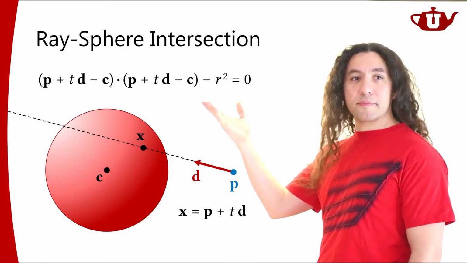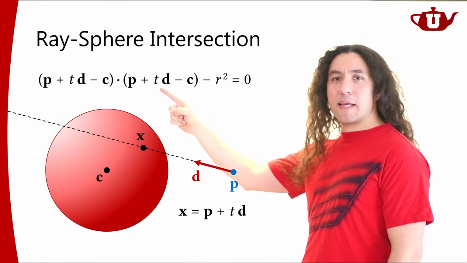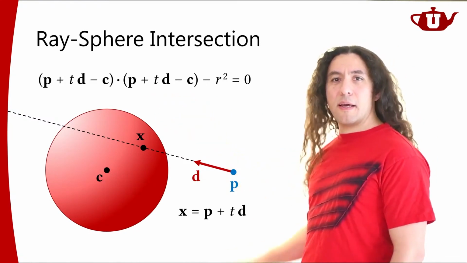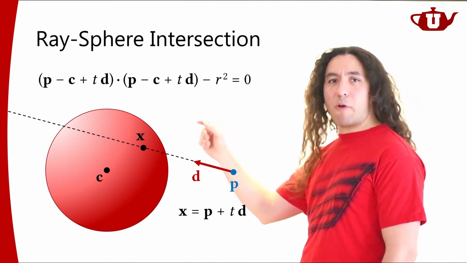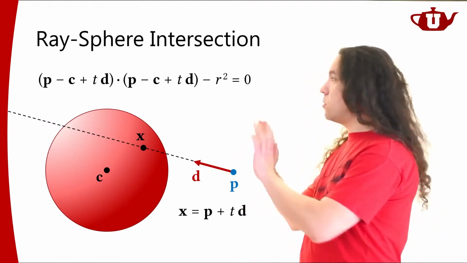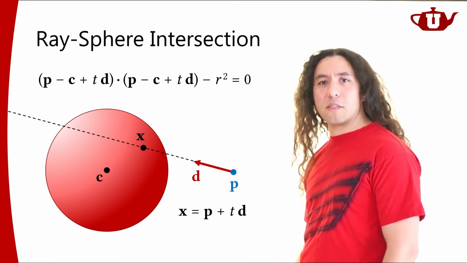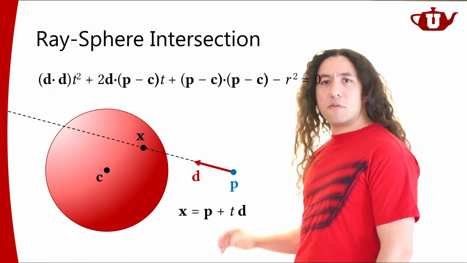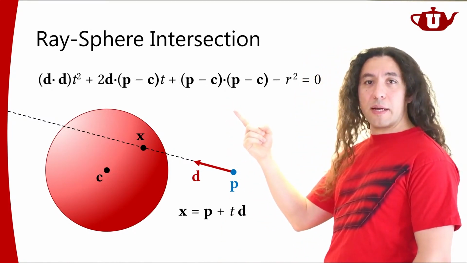Simple enough? All right, so next step, I'm going to take these components with t and move them to the side. I'm just moving them around, nothing else. And if you expand this, doing the dot product component by component, you get this equation.